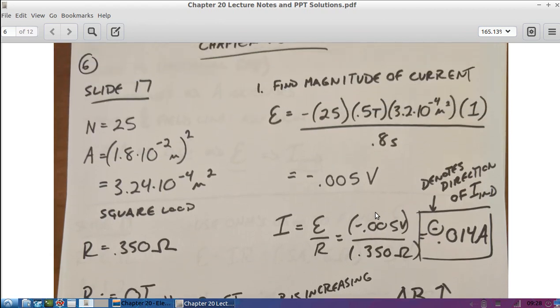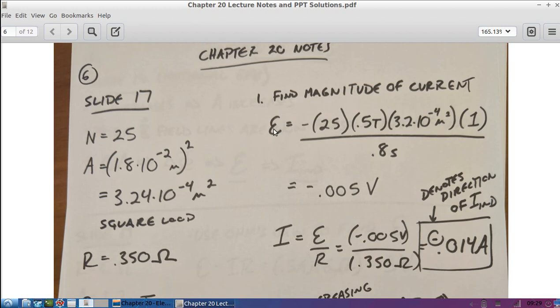So I'm ready to calculate the change in flux, which is delta B times A times cosine theta. So if only one of these terms is changing, theta, B, and A, all I have to do is write that change in for one of those terms. And in this case, the only thing that's changing is the magnetic field.